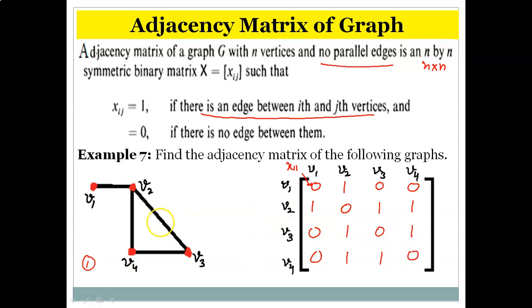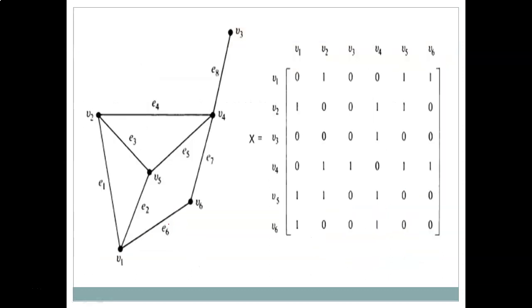That is how for any given graph we can construct the adjacency matrix. This was a simple example with 4 vertices. If we have more vertices, in this particular example you can see there are 6 vertices, V1, V2, V3, V4, V5 and V6.